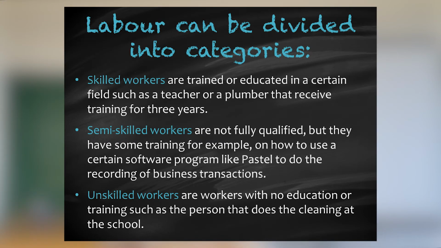Labor can be divided into skilled labor. Skilled labor is normally somebody that goes through training, like a teacher or an engineer, and they are qualified as an engineer and are then seen as a skilled worker.